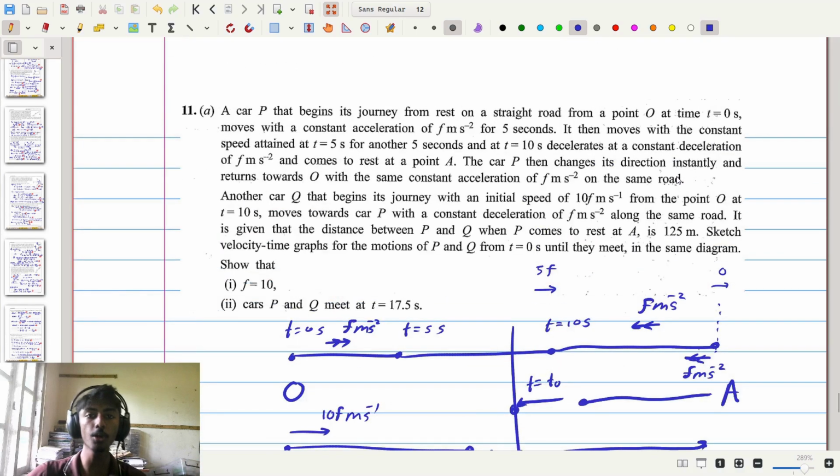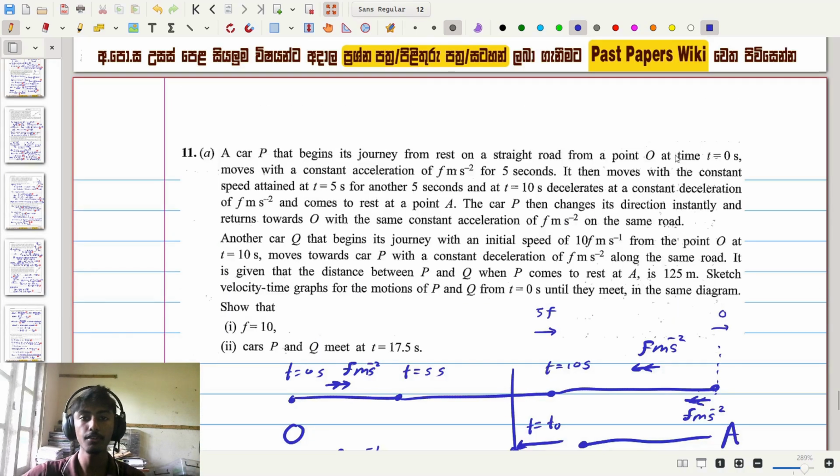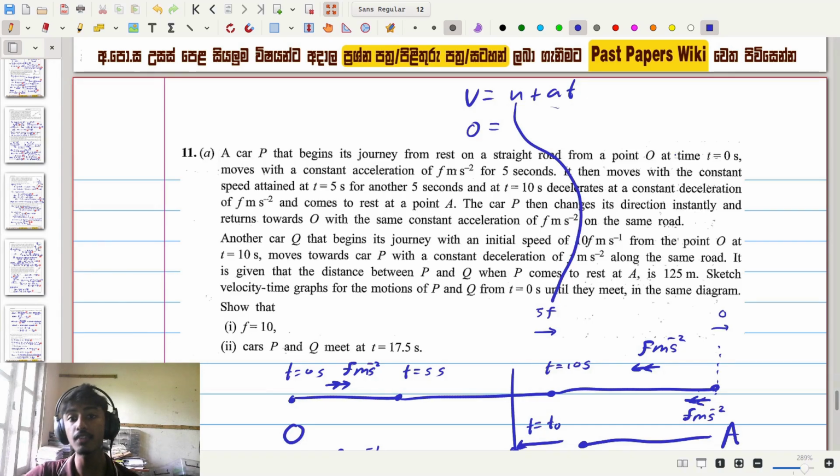Now if we consider this motion, we can see applying v equals u plus at here, the final velocity v is 0 since our particle is at rest at the end of the journey. So therefore, we have 0 velocity at the end. So 0 is equal to u plus at. Now in this situation, u, the initial velocity, is equal to 5f meters per second.